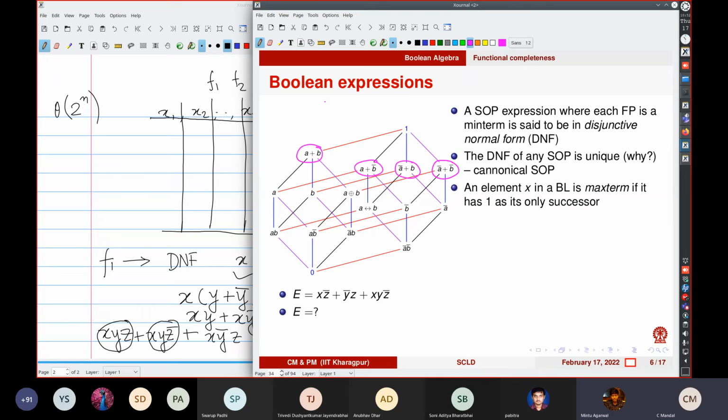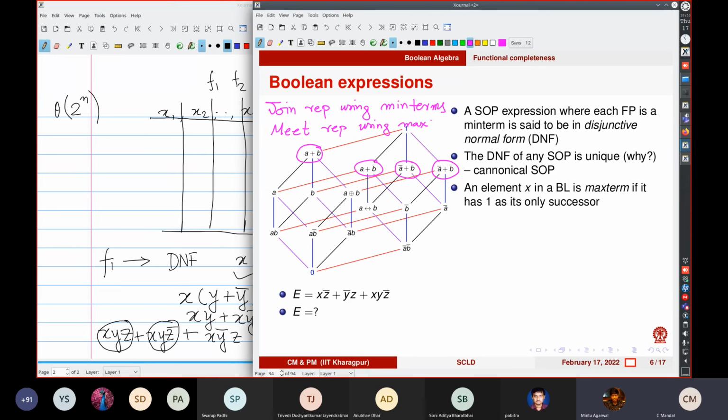Just as you have a join representation using min terms, you can have a meet representation using max terms.